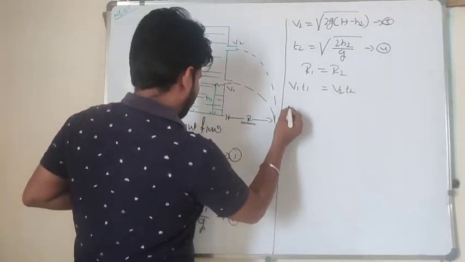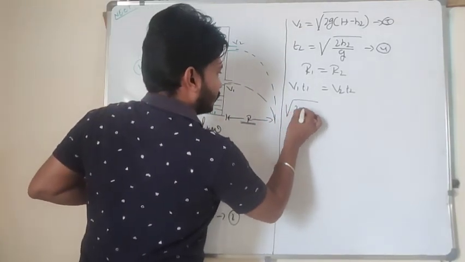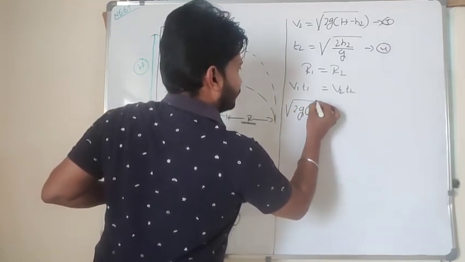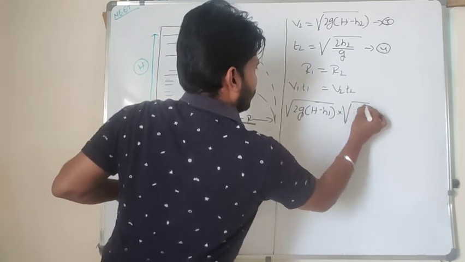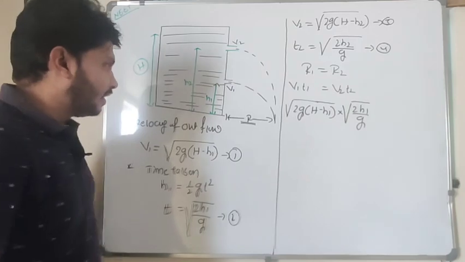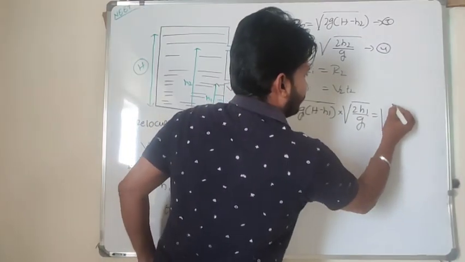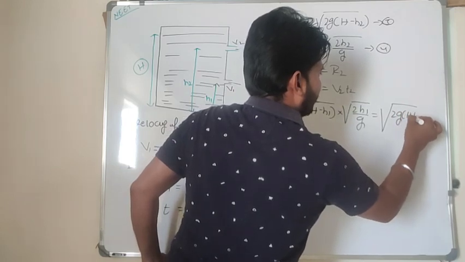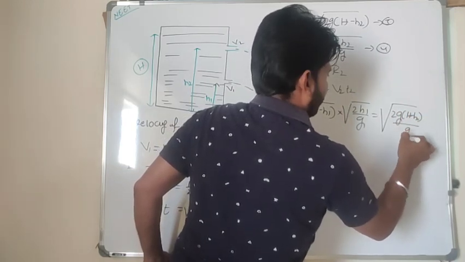V1 value is how much? The square root of 2g (H minus h1) times the square root of 2 h1 divided by g, which is equal to the square root of 2g (H minus h2) times the square root of 2 h2 divided by g.